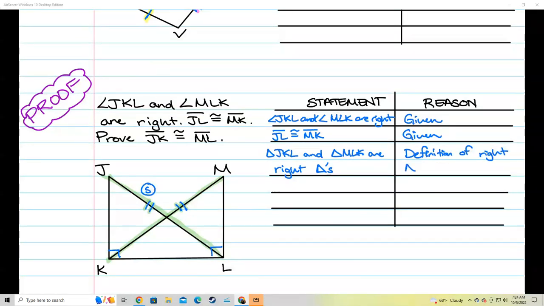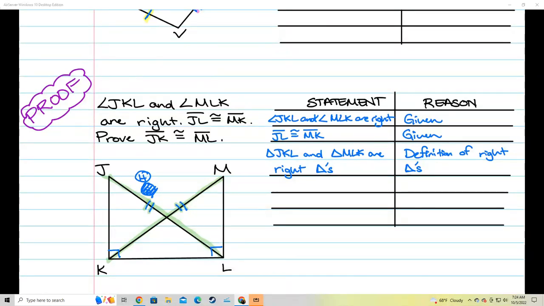Guys, if I'm saying it's a right triangle, then that S that we're looking at is really not an S. Here is the right triangle. This side right here is not touching the 90 degrees, so that S is actually an H. It's a hypotenuse, okay?